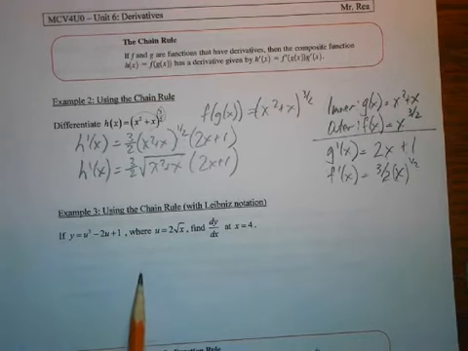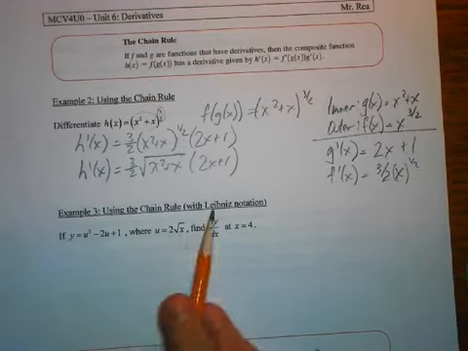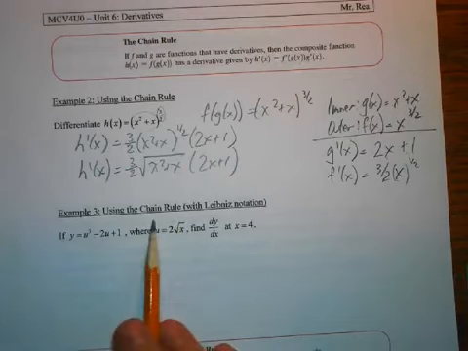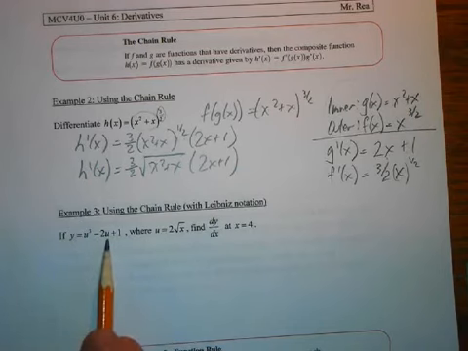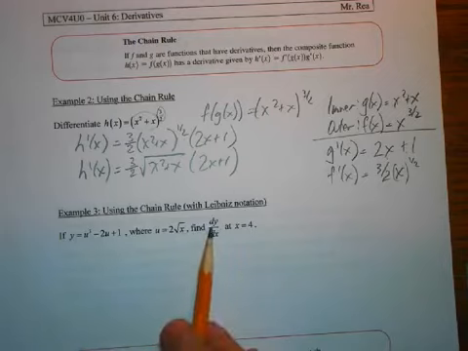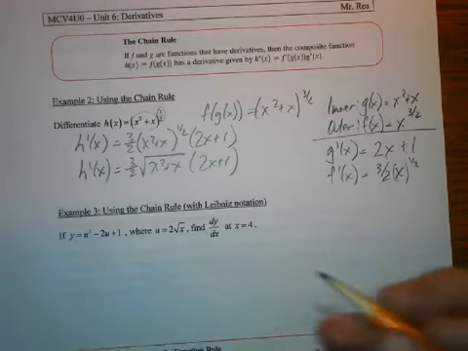All right, so for this next example, we're going to use the Leibniz notation, which is the dy by dx and so on. If y is equal to u cubed minus 2u plus 1, where u is equal to 2 root x, find dy by dx at x equals 4.